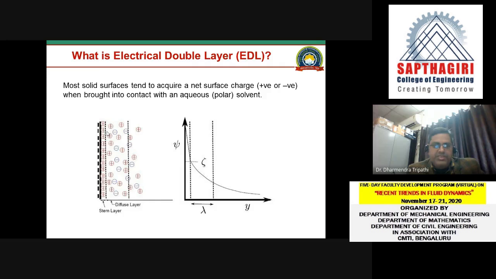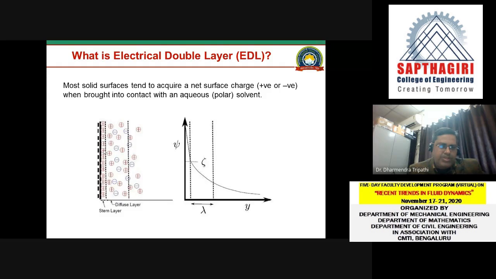The second phenomenon or physics is also related to electrokinetics, which is known as the electric double layer phenomenon. So it is also important. I will explain with the help of this figure. If the surface is negatively charged and the liquid is freely moving, when the liquid is an electrolyte, having cations as well as anions, or positive and negative ions, then if the surface is negative, positive ions will be attracted to this surface.